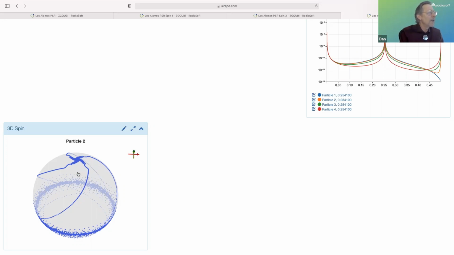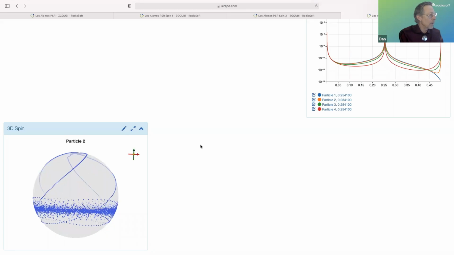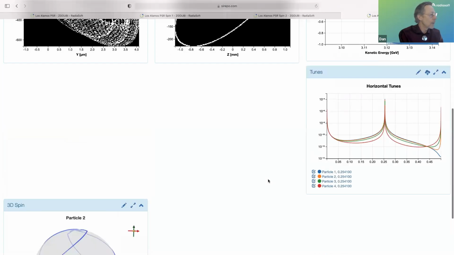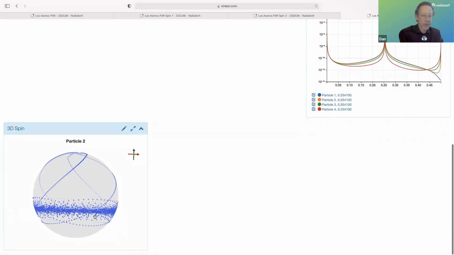It looks a bit like there's 4 particles here because you see these four arms going around like this. It's actually, I'm only showing particle 2, which is this particle here, and it's coming down to a little below the equator, which is where the spin is ending up.